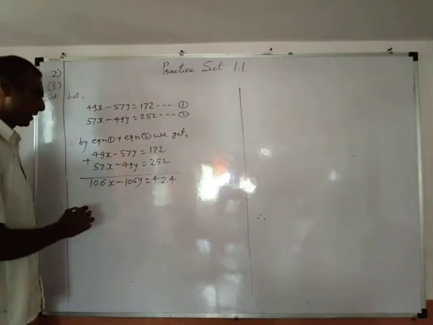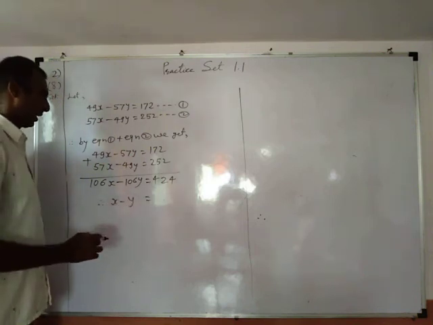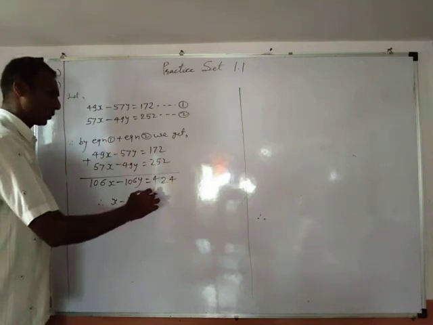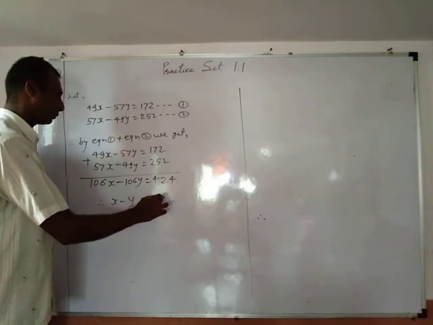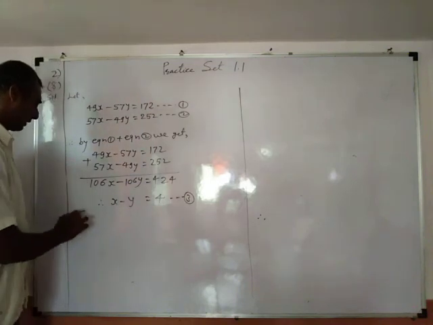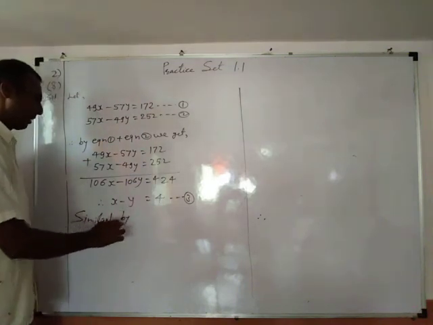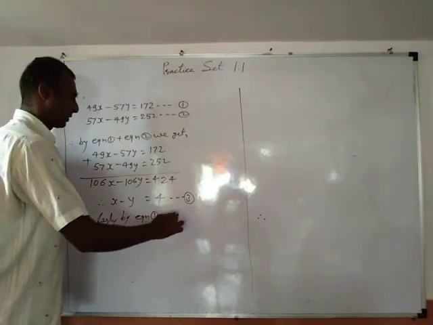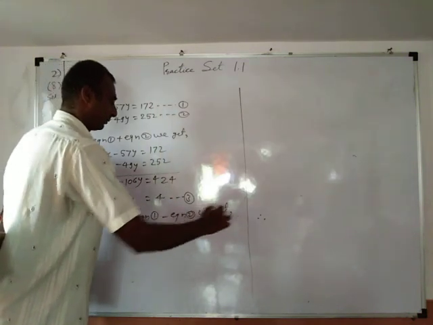Dividing both sides by 106, it gives us x minus y. 106 4s are 400. 106 4s are 424. That's why x minus y equals 4. Equation third. Similarly, by equation 1 minus equation 2 we get, let us see what we get.